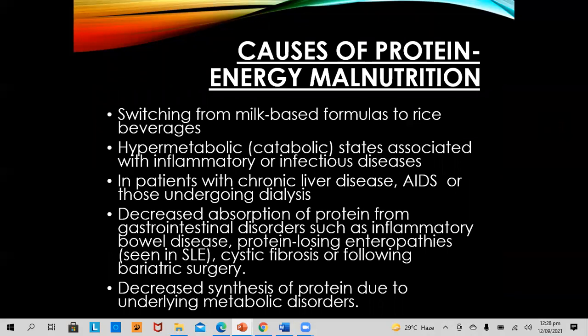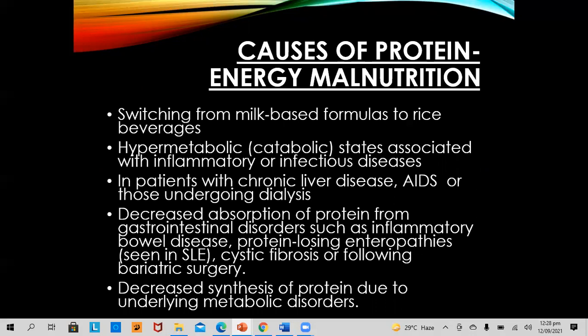Causes of protein energy malnutrition. Switching of milk-based formulas to rice beverages. Hypermetabolic or catabolic states associated with inflammatory or infectious diseases, in patients with chronic liver disease, AIDS, or those undergoing dialysis.